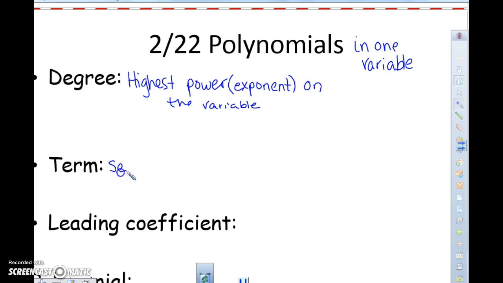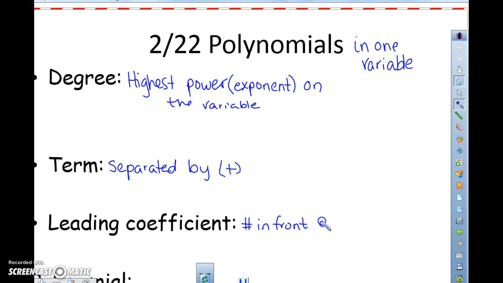Terms are separated by plus signs. A leading coefficient is the coefficient, or the number in front of the variable with the highest exponent.